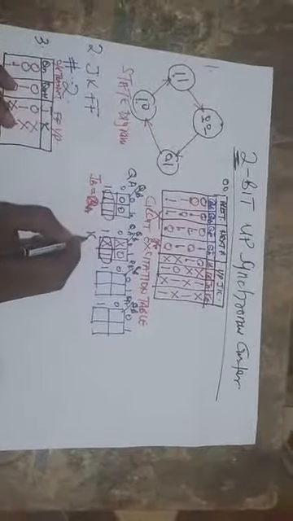And then 1, 0 is 0, and then 1, 1 is 1. So it means KB is also equal to QA.